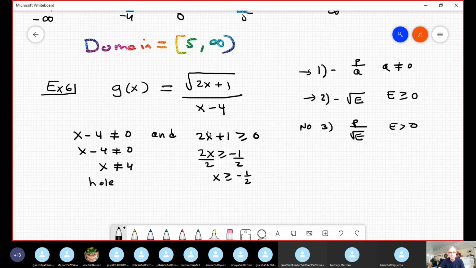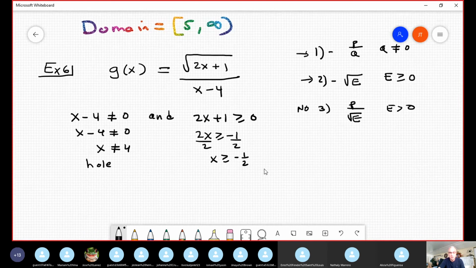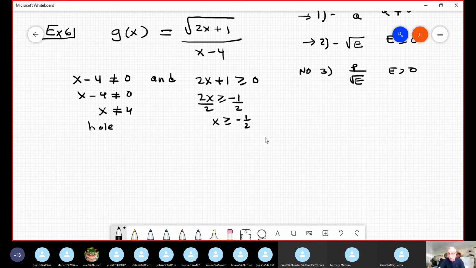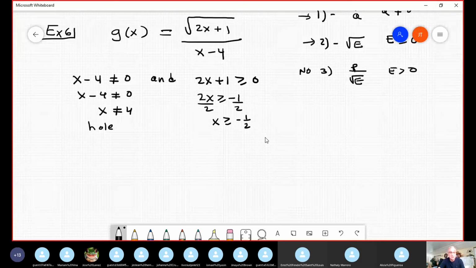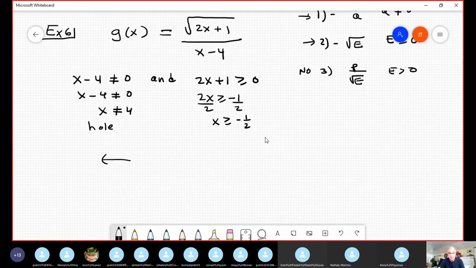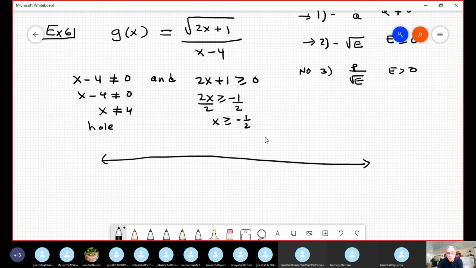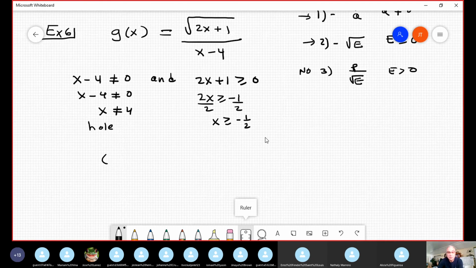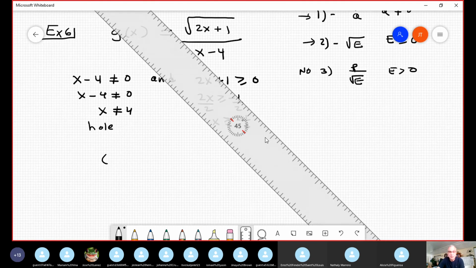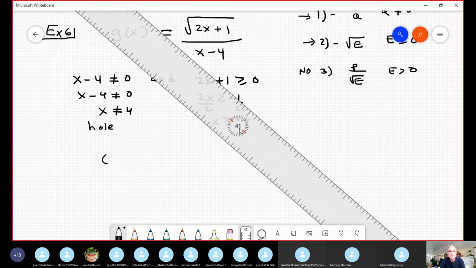Now put it together. Remember, in a compound inequality it's always ending graphically. The last part is to do the graph. Oof, my line is no good. I have a ruler, but the ruler is complicated.